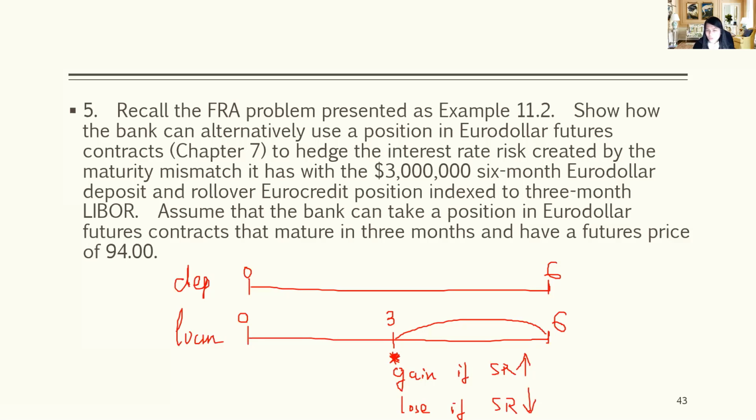So from my point of view, if I want to hedge this interest rate exposure, I want to enter into a futures contract that will gain when the interest rate decreases, to offset the losses that I'm expecting. So here I want a futures contract that gains when the interest rate decreases.